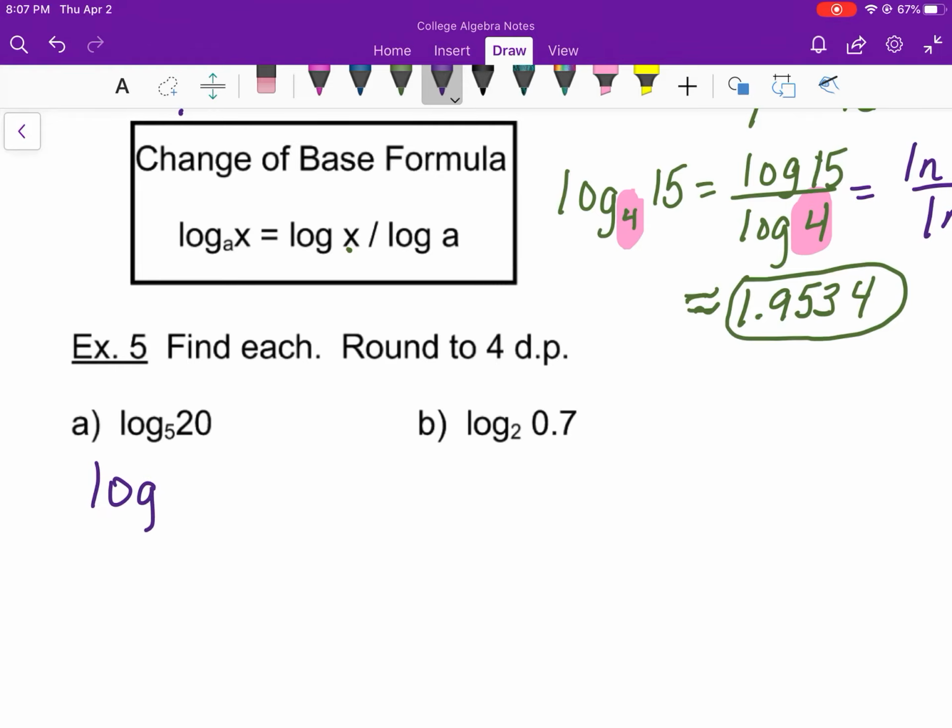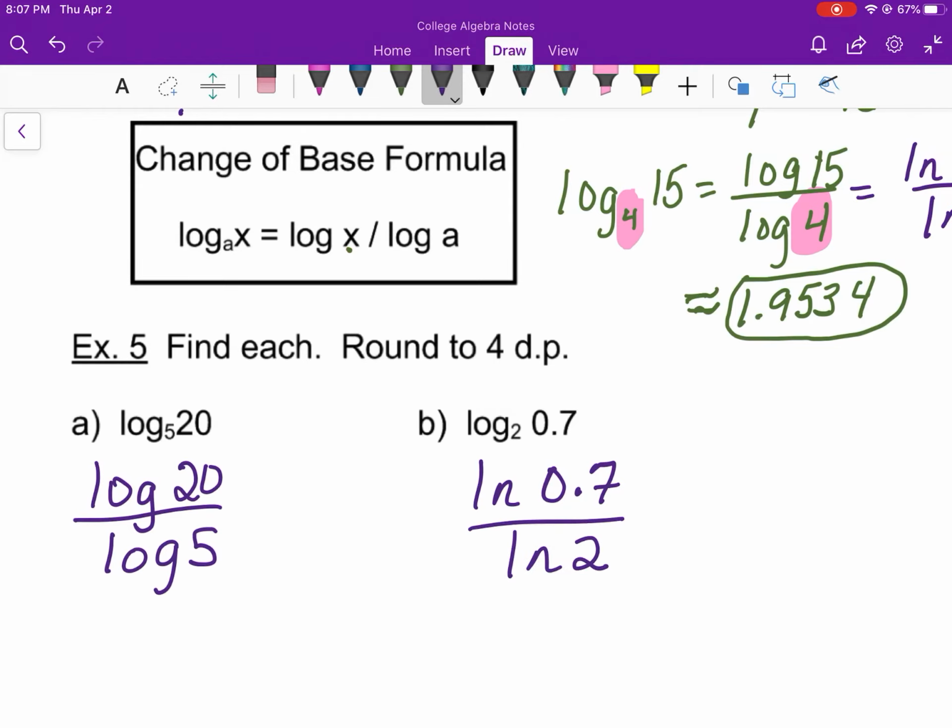Log of 20 over log of 5. And just to be different on this one, I'm going to do the natural log of 0.7 over the natural log of 2. I'm going to put both of those into my calculator. 1.8614.